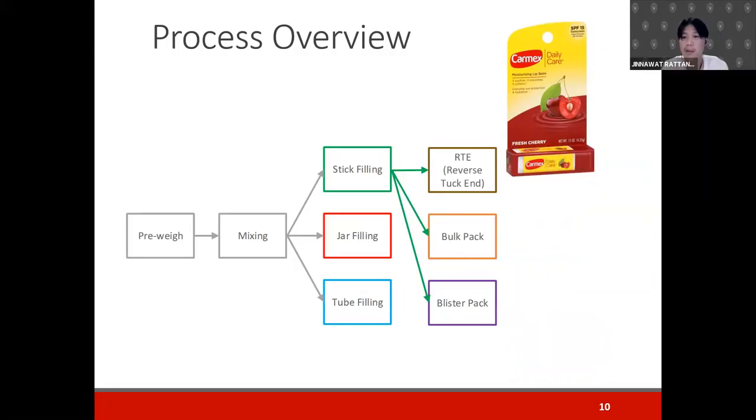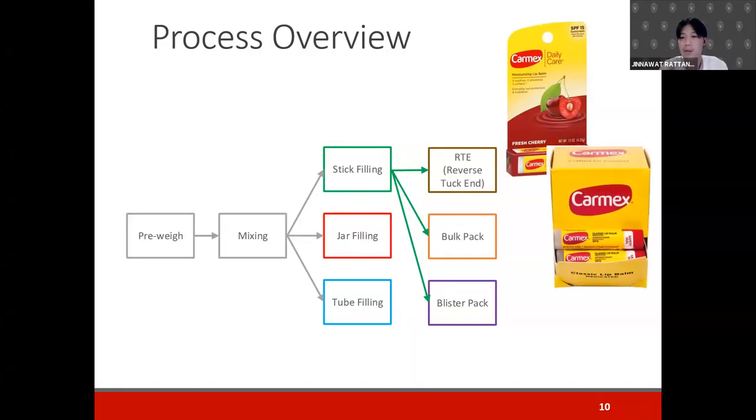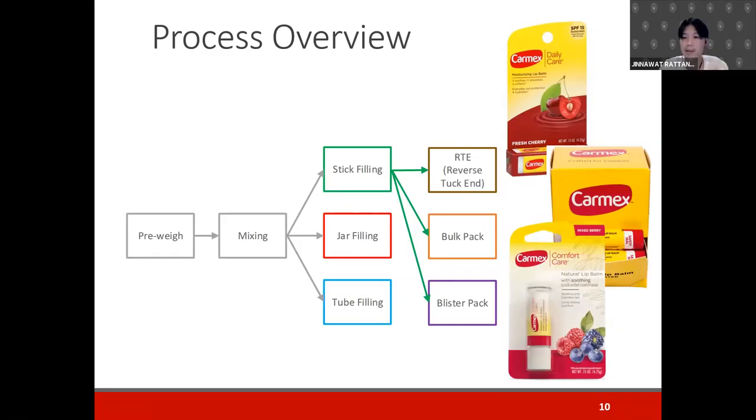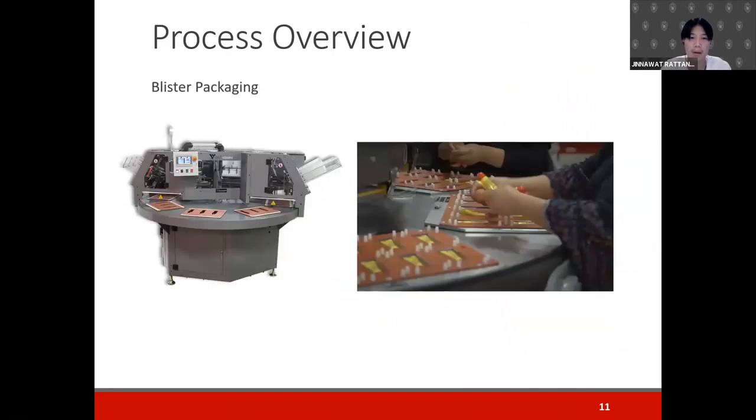Sorry. This one is the RTE, which is the reverse tuck end, which has a box-type container and something like a plastic cover. And this one is the bulk pack, which contains just a piece of the product inside the packing. And next is the blister pack, which has a plastic cover on the product and is stuck to some kind of paper.